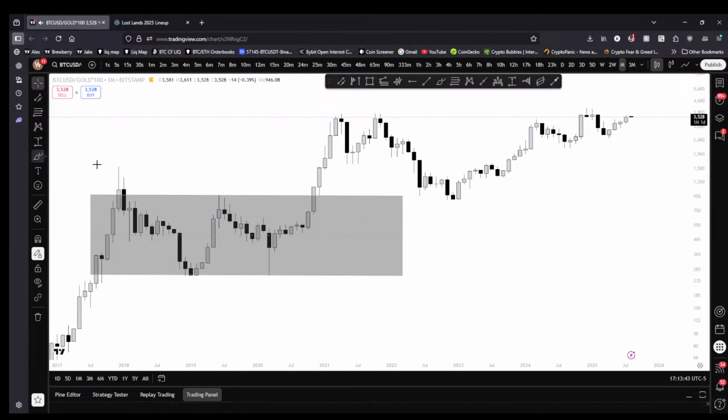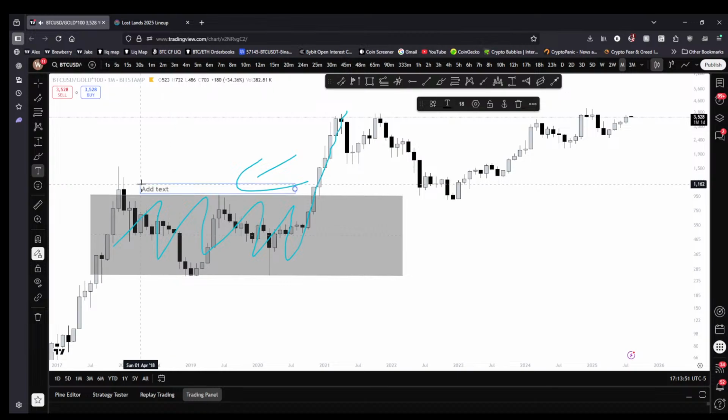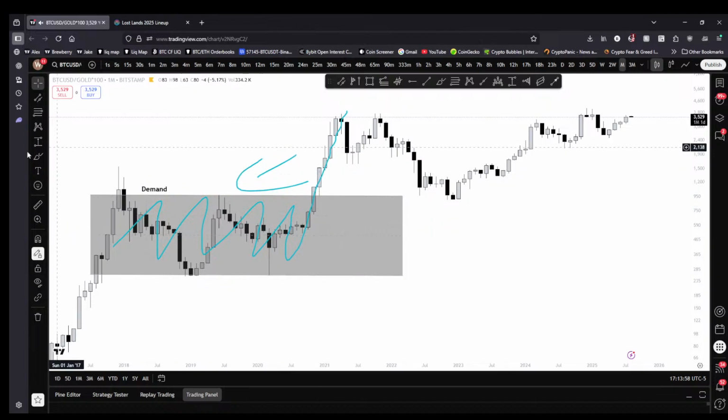We know that when a trading range results in a strong upward movement, that trading range becomes demand. From the supply and demand lesson, right?